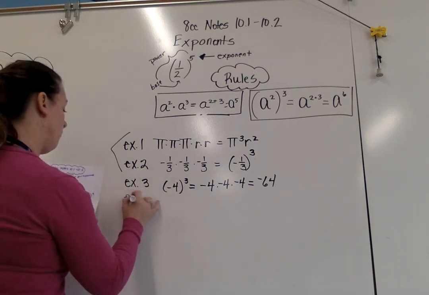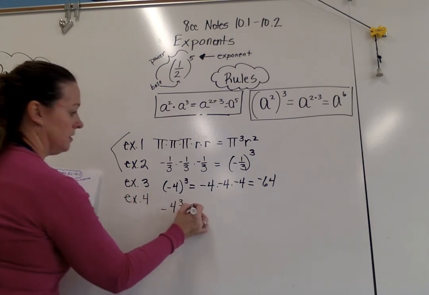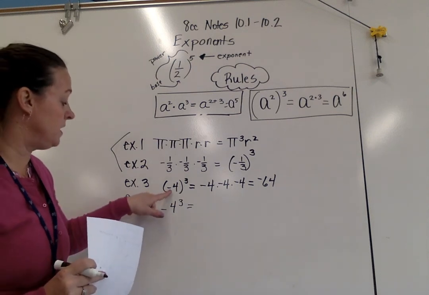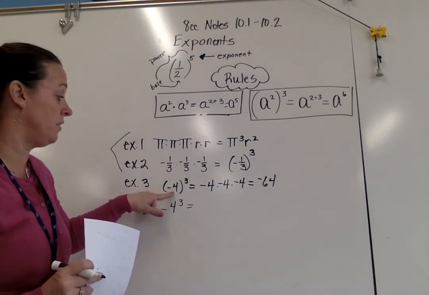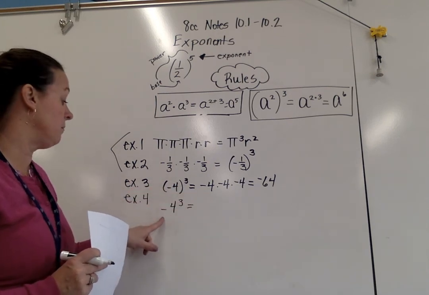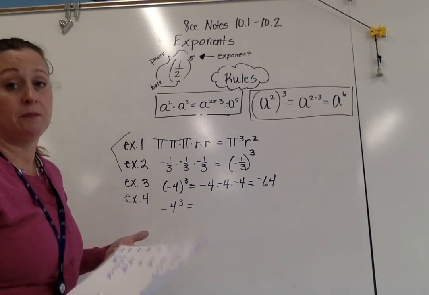In example 4, there is a difference in where the actual negative goes. Example 3 is telling me I'm multiplying negative 4 to the 3rd power, so negative 4 times negative 4 times negative 4. Example 4 is saying the opposite of 4 times 4 times 4.